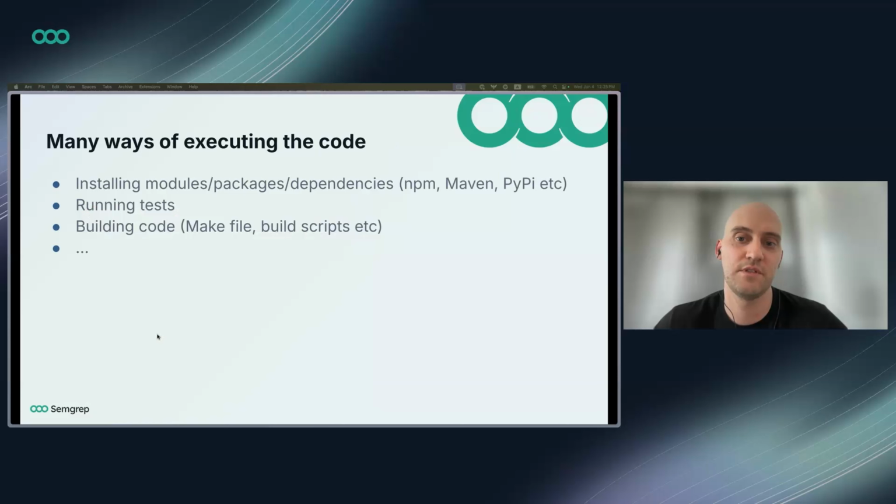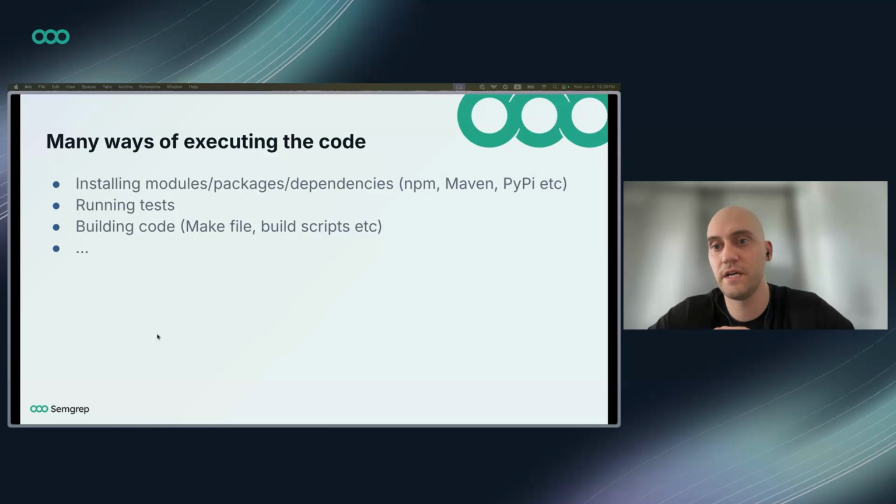So sometimes it can be hard to identify, and there are also many ways to execute code. It's always possible to inject some scripts when we use package dependency managers like npm or Maven. There's a multitude of them for all modern languages.